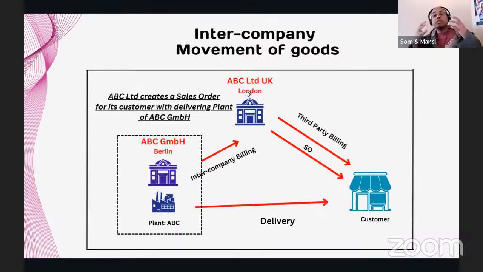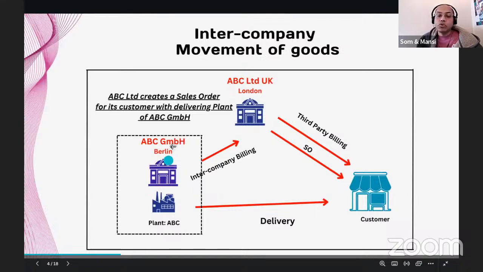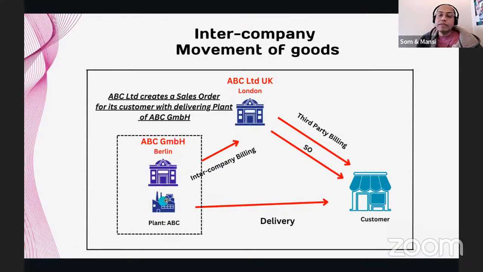Even though we are part of the same group, you have to understand they are two different legal entities. If this happens, two different legal entities within the same group, that is where the intercompany scenario happens. So this German entity will be raising an invoice on the UK entity.